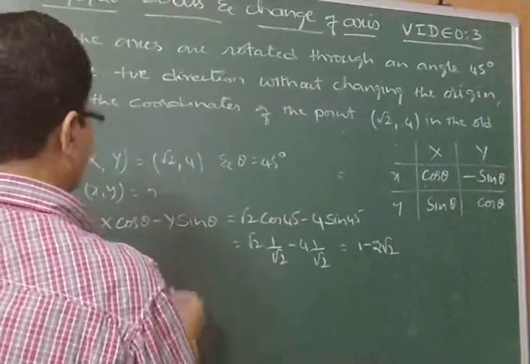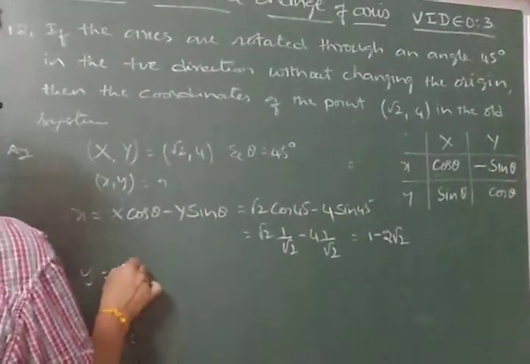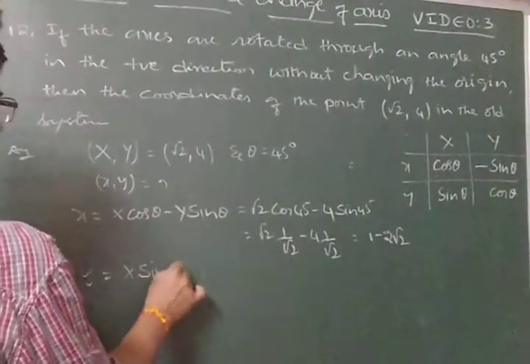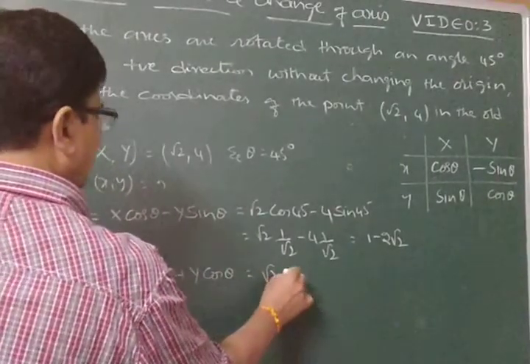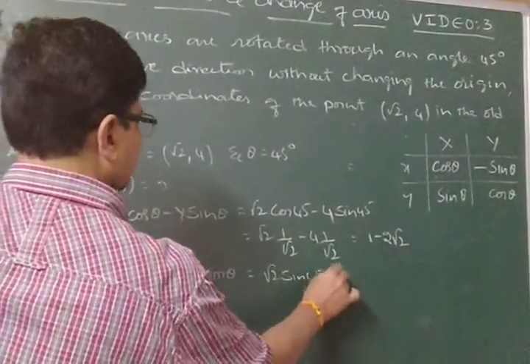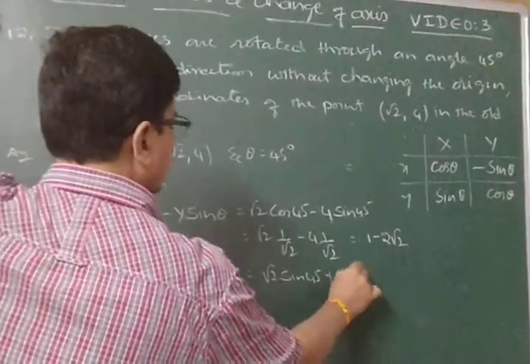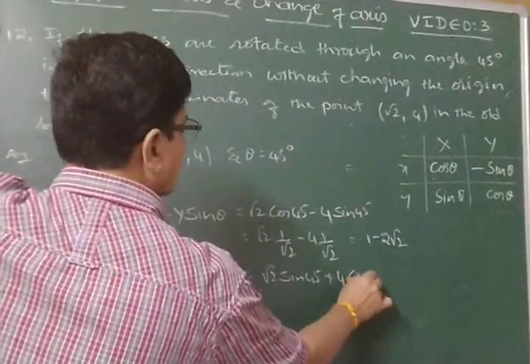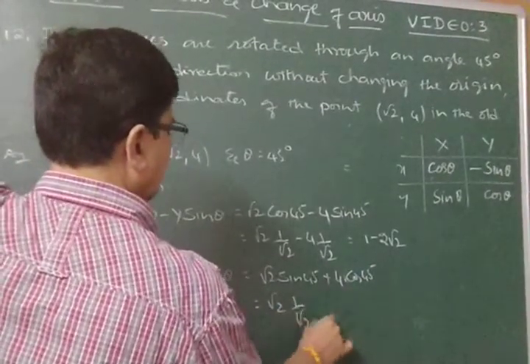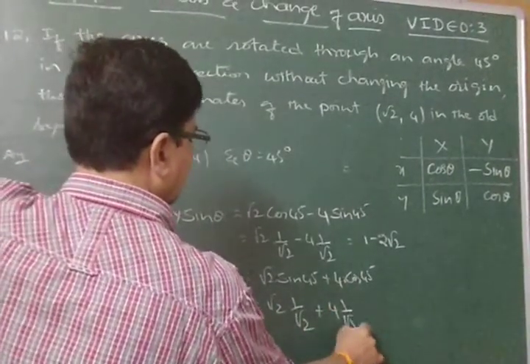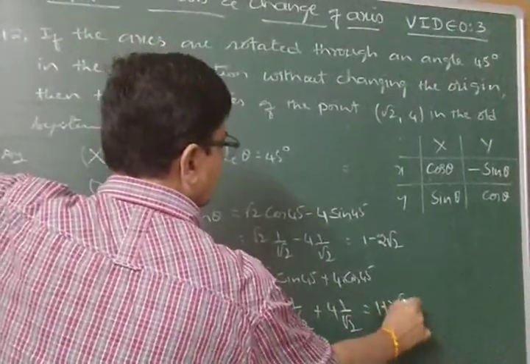That is x. And small y is equal to capital X sin theta plus capital Y cos theta, that is root 2 into sin 45 plus 4 into cos 45, equal to root 2 into 1 by root 2 plus 4 into 1 by root 2, that is 1 plus 2 root 2.